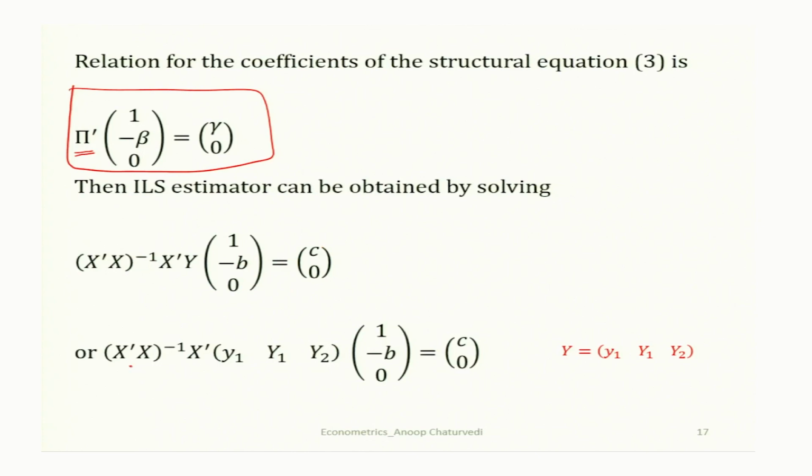Or you can write it as x transpose x inverse x transpose, then we write y equal to small y 1, capital Y 1, capital Y 2, because this y is equal to y 1, capital Y 1, capital Y 2. Then you have 1 minus b 0 here, you have c 0, and then we multiply these two.